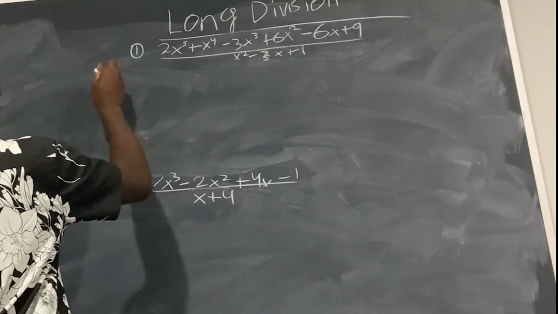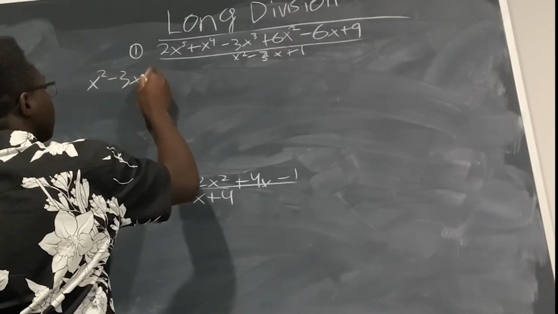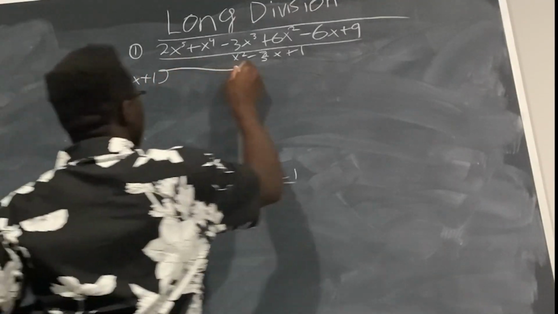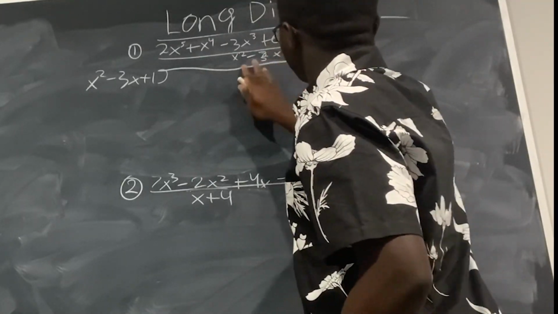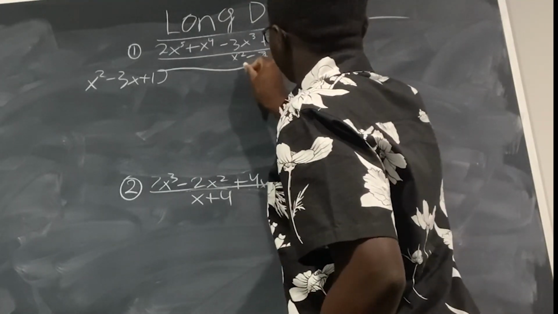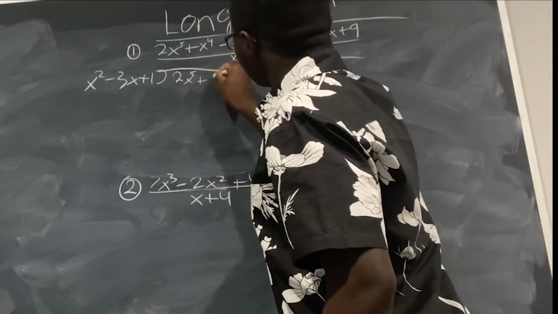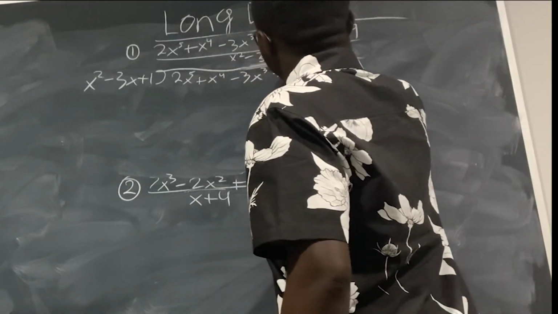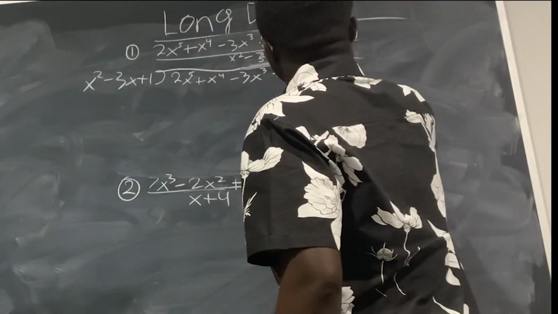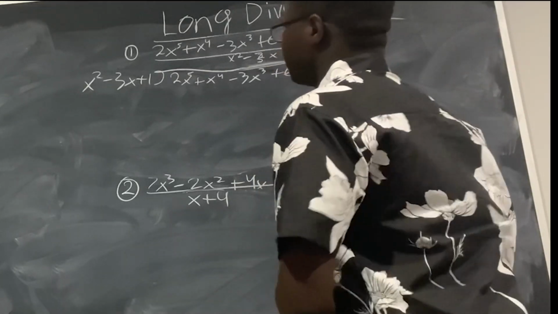So we write x squared minus 3x plus 1, then the long division bar as you wrote in elementary school, and then what we have is 2x to the 5th plus x to the 4th minus 3x cubed plus 6x squared minus 6x plus 9.